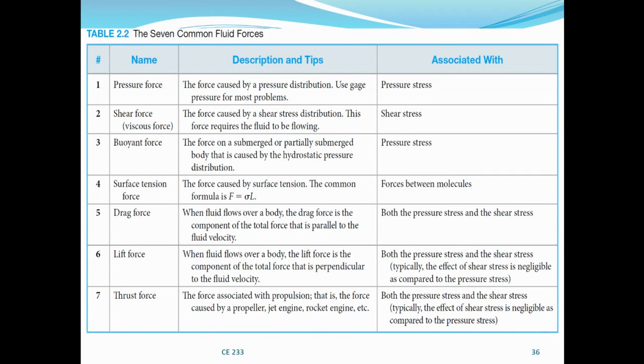Surface tension force, and we have drag force. When fluid flows over a body, the drag force is the component of the total force that is parallel to the fluid velocity. So when fluids are moving together, they tend to exert drag. Just imagine rubbing your palms against each other.